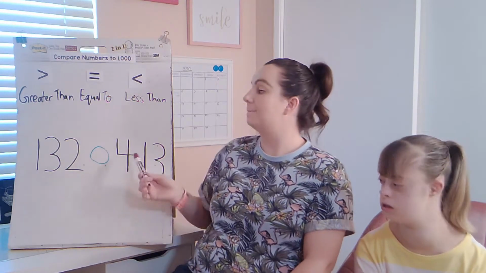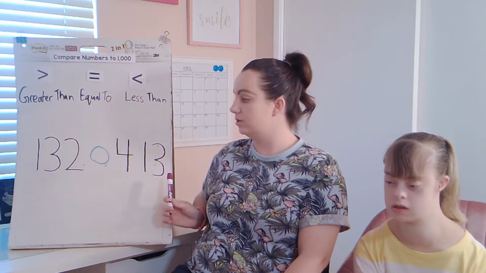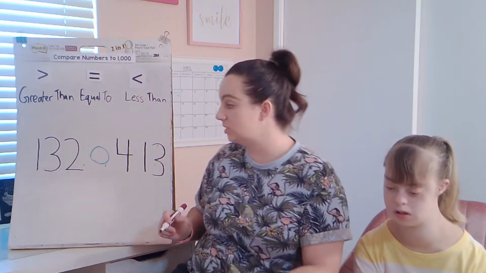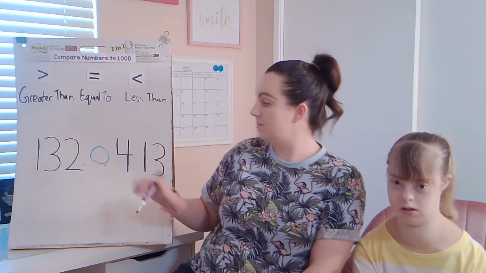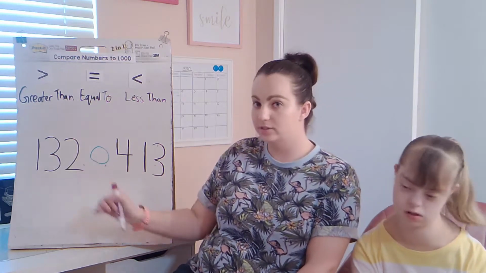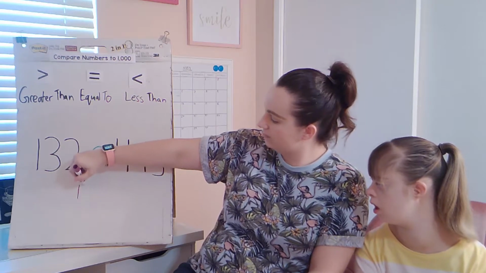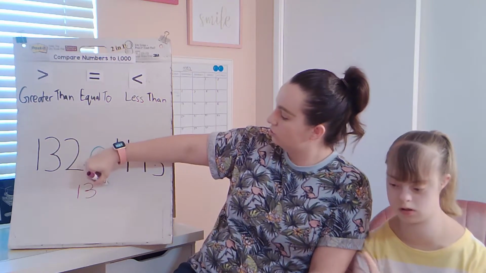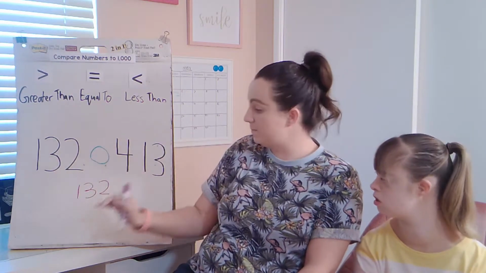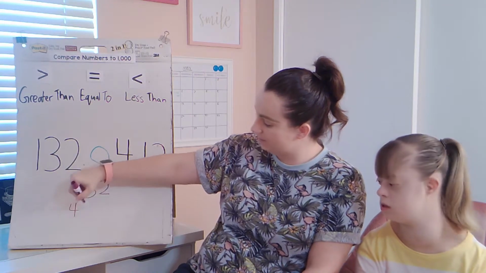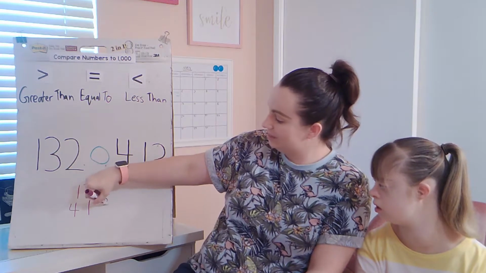132 comparing to 413. Remember, to compare the numbers, you're going to write them on top of each other so you can compare them. So I'm going to write 132, and then right below it, I'm going to line up the number 413.